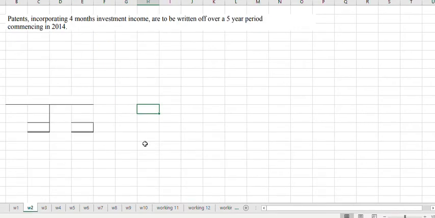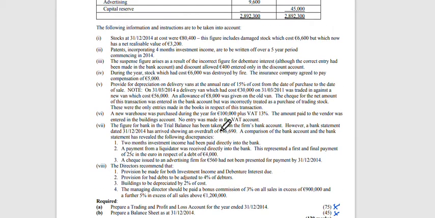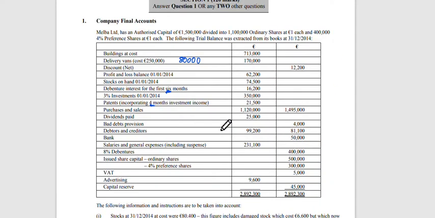Question number 2, patents, incorporating investment income, written off over a 5-year period. So first of all, investment income is what we are dealing with first. Look back to the trial balance at investments. Up here, 3% investments, 350,000 for a year.